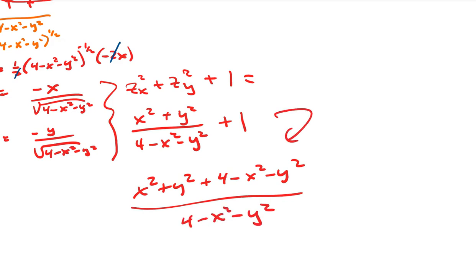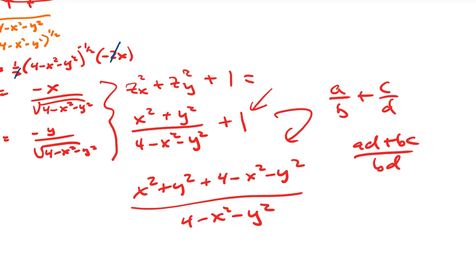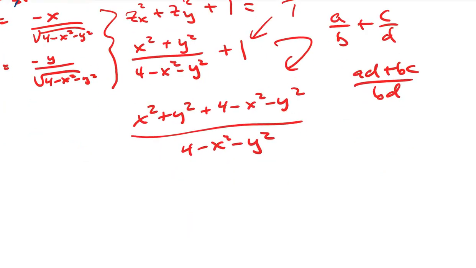The way I went from here to here is I used my fact that if I have A over B plus C over D, I just cross multiply AD plus BC, and then I multiply the denominators together. This 1 is 1 over 1. So here I can cross out the x and the y's, those are gone.